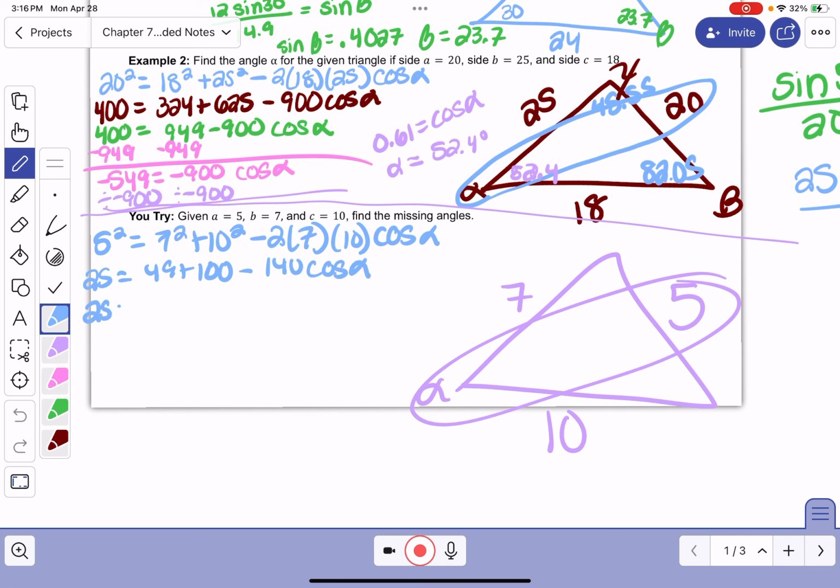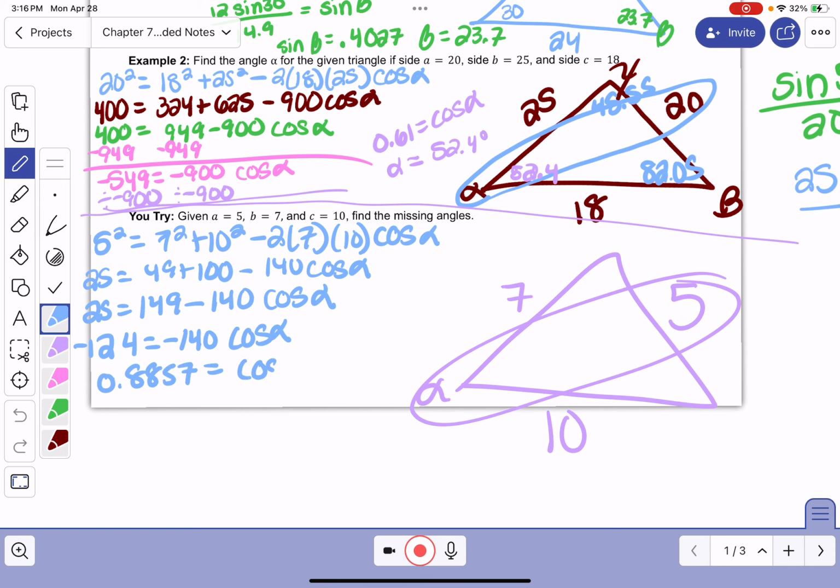Combine like terms. Subtract 149 from both sides. Divide by negative 140. Do the inverse of cosine, and I get alpha equals 27.7 degrees.